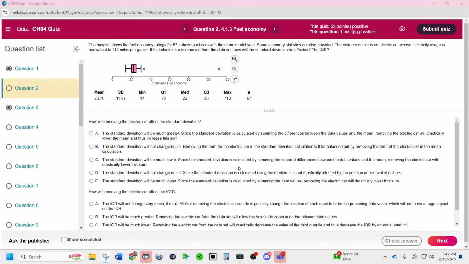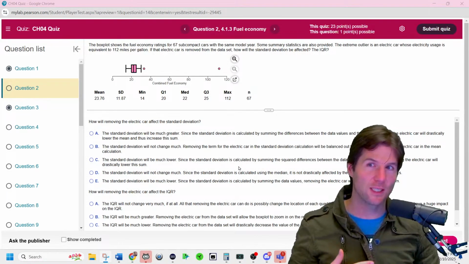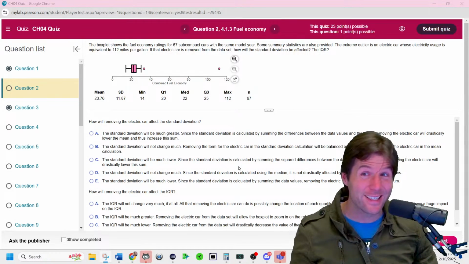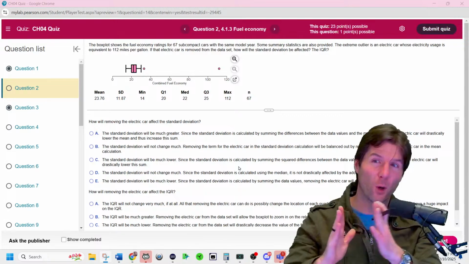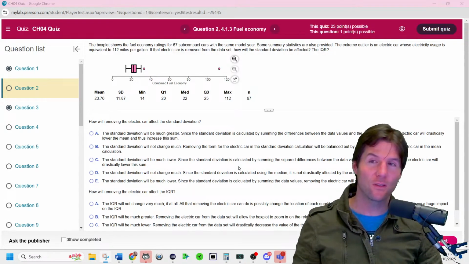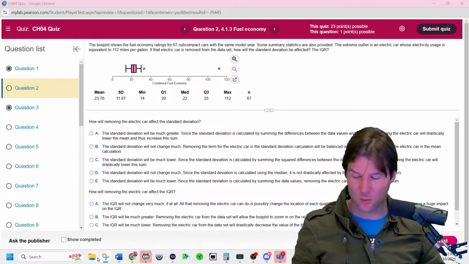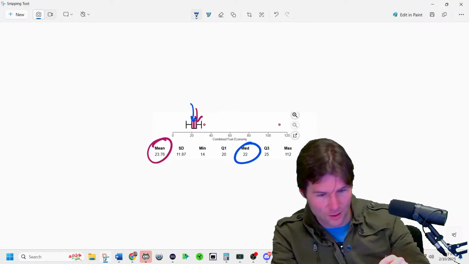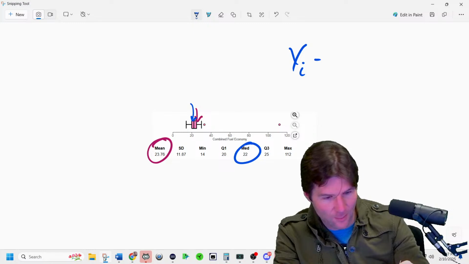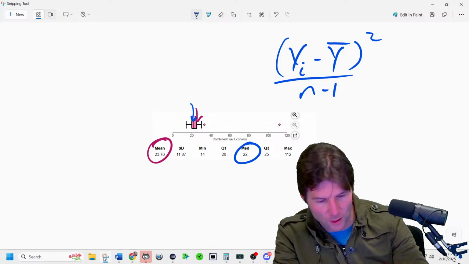So how will removing the electric car affect the standard deviation? Standard deviation is how things deviate from the mean. If we remove something far away, would things deviate less from the mean or more? Standard deviation is a metric of spread from the mean. Mathematically, it's y sub i minus the mean, the difference between an observation and its mean, squared, over n minus 1, square rooted.